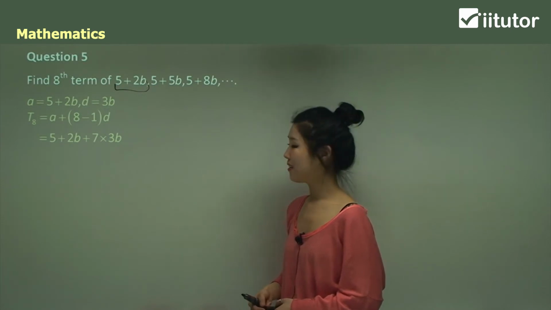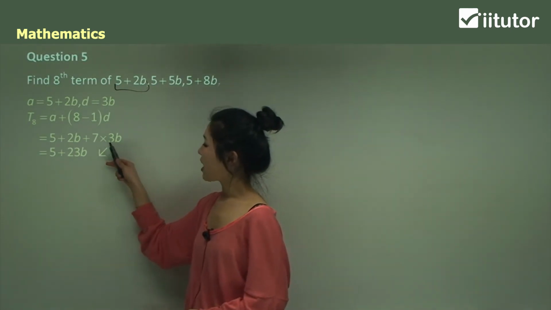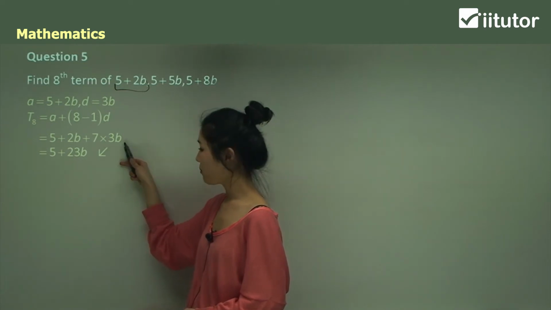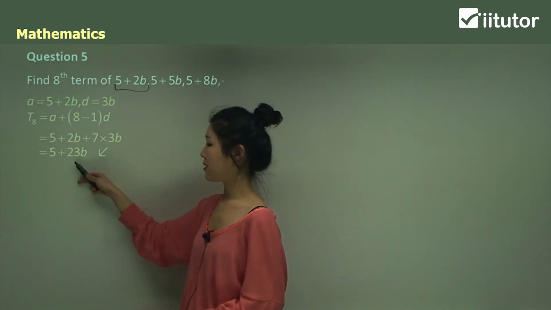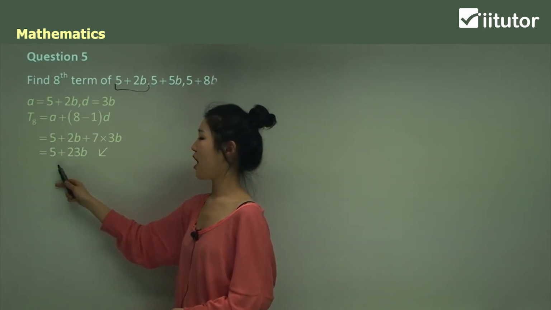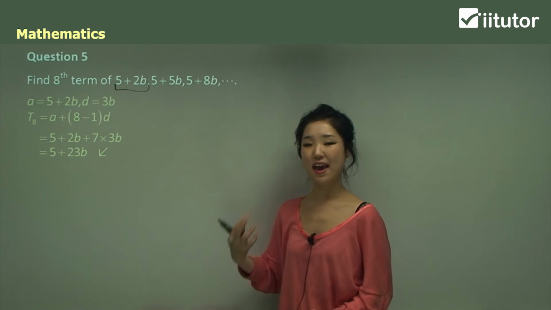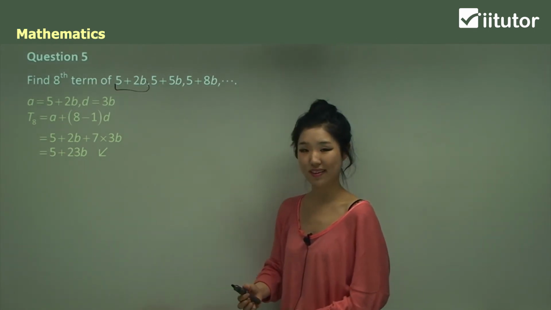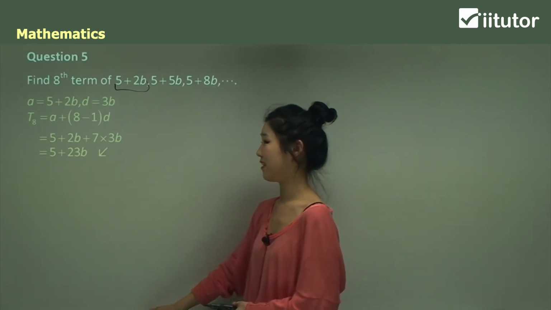Now let's simplify. 7 times 3 is 21. So 21b plus 2b is 23b. Therefore term 8 is 5 plus 23b. That's the 8th term. Just put it in terms of b since the question is all in terms of b. So that's a perfectly fine answer.